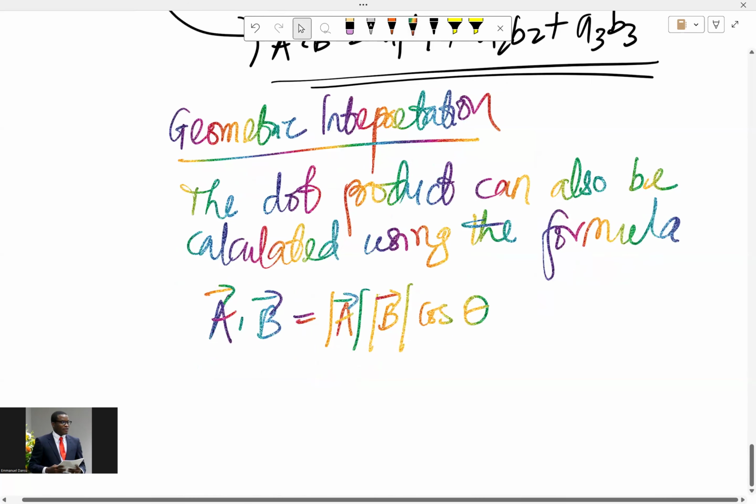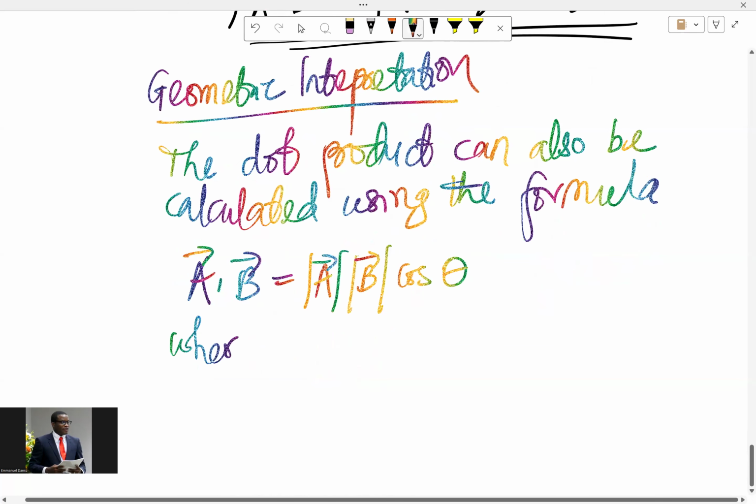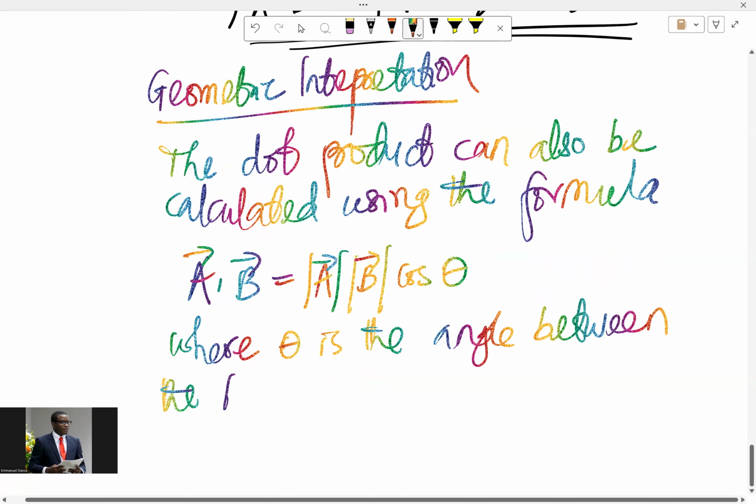Okay, cosine of theta, where theta is the angle between the two vectors. Okay.